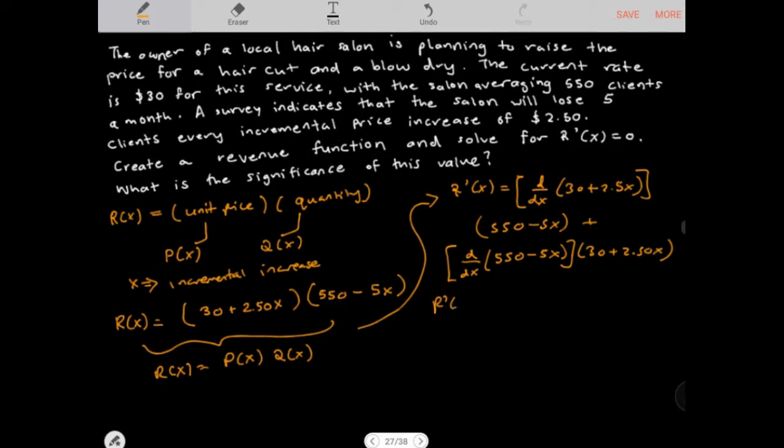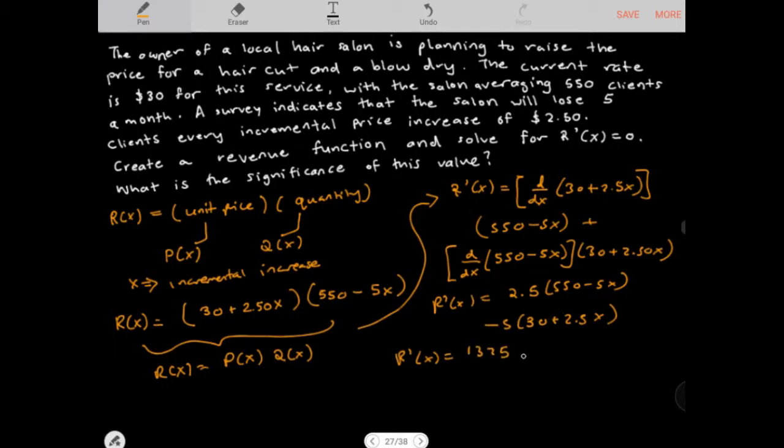And if I crunch this out, you get 2.5 times 550 minus 5x, minus 5 times 30 plus 2.5x.